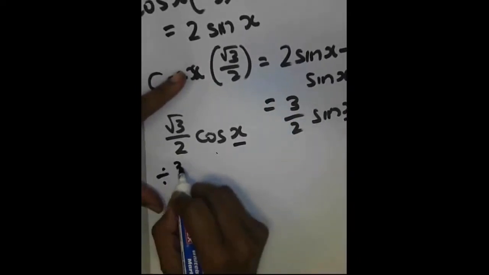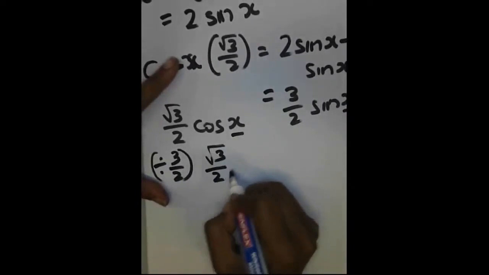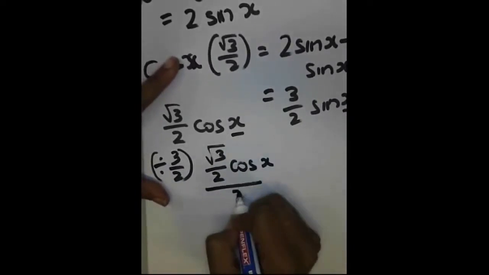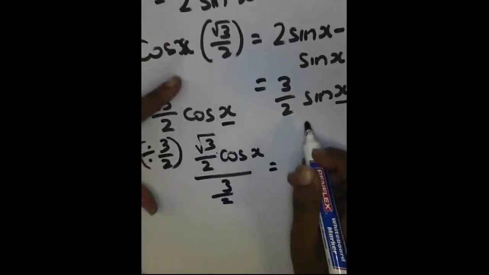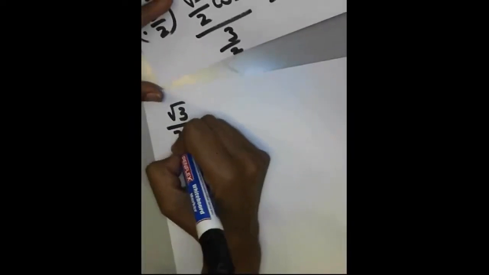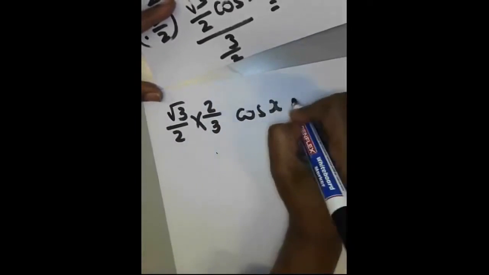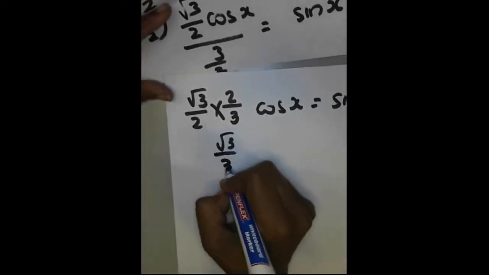Divide both sides by 3 over 2, which means I get square root of 3 over 2 cos x divided by 3 over 2 is equal to sin x. So square root of 3 over 3 cos x is equal to sin x.